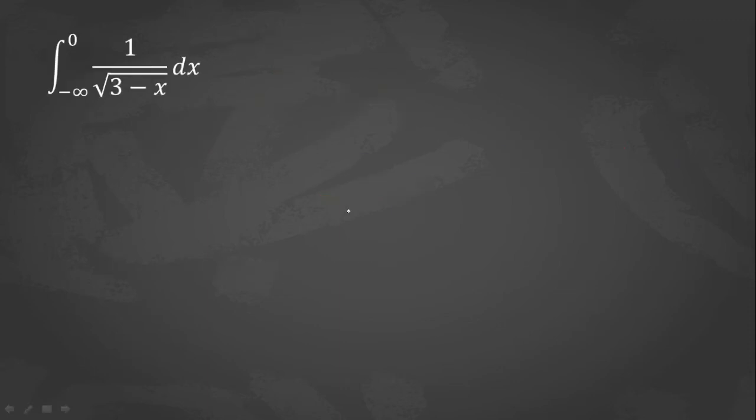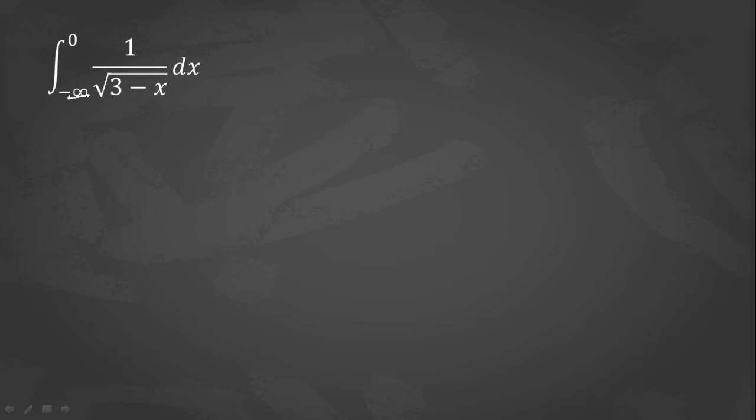Okay, we have another example, that is the integral of 1 over the square root of 3 minus x dx, evaluated from negative infinity to 0. Feel free to pause this video and answer. Okay, notice that our lower limit has an infinity.